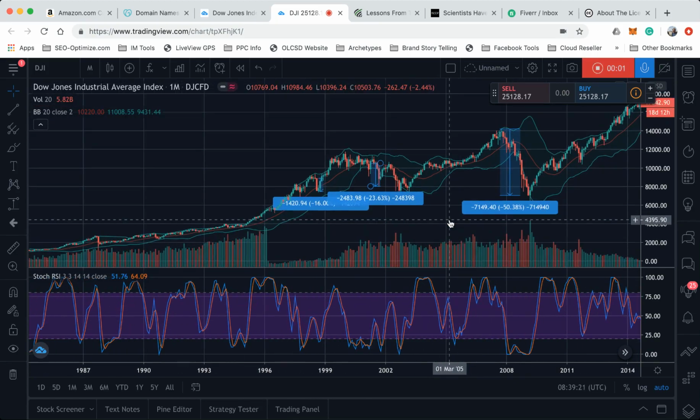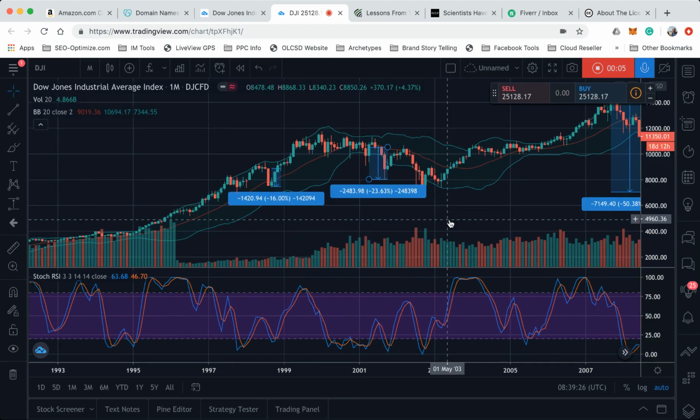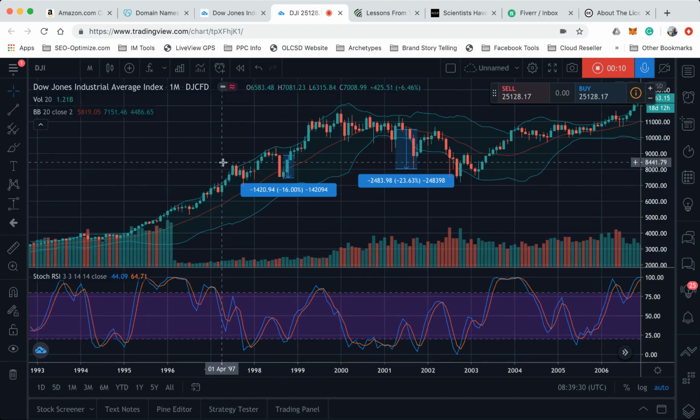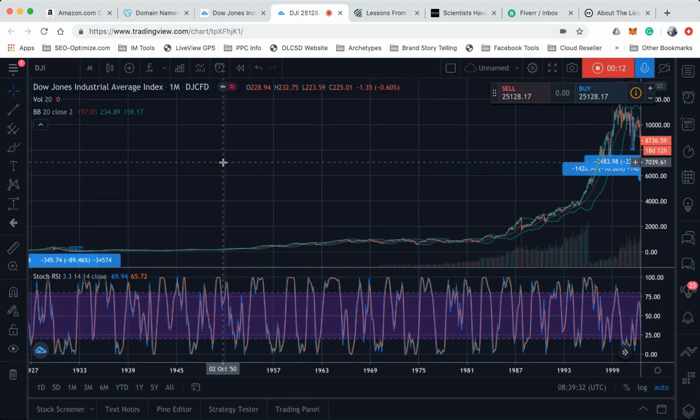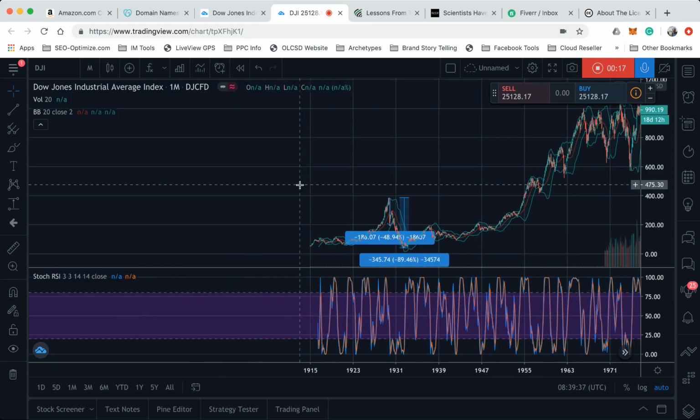So I was just going through the Dow Jones Industrial charts and looking at all the major drops and the corrections in the market. Look at this.